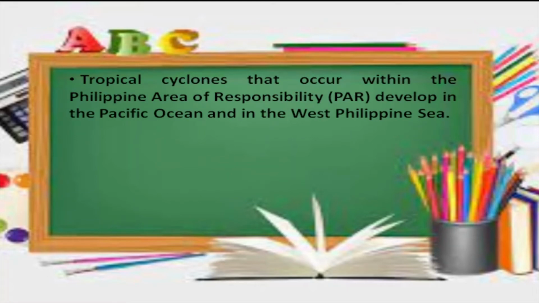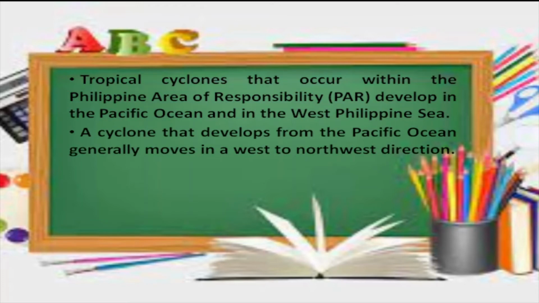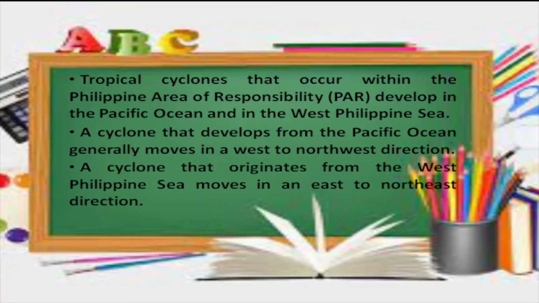Tropical cyclones that occur within the Philippine area of responsibility develop in the Pacific Ocean and in the West Philippine Sea. A cyclone that develops from the Pacific Ocean generally moves in a west to northwest direction. A cyclone that originates from the West Philippine Sea moves in an east to northeast direction.